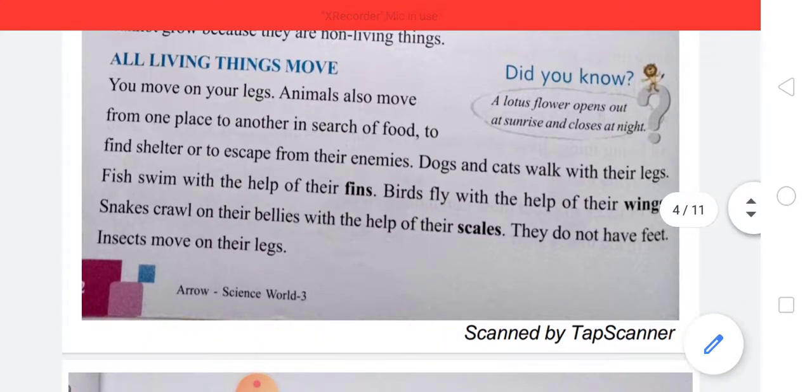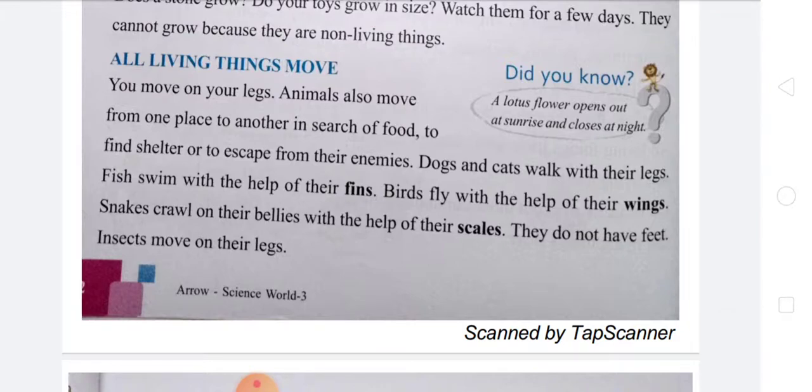Another feature is that living things move. Animals have legs, so they can move from one place to another in search of food, to find shelter, and to escape from enemies. Dogs and cats walk on their legs.